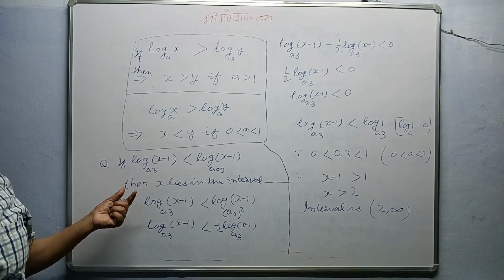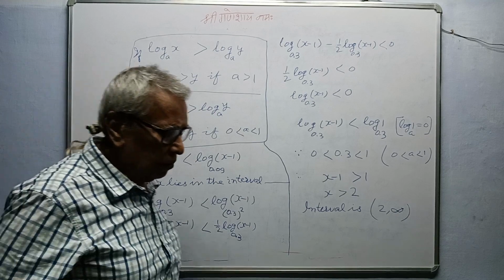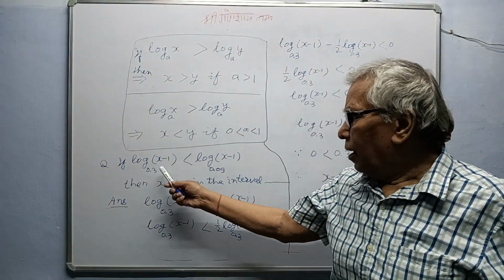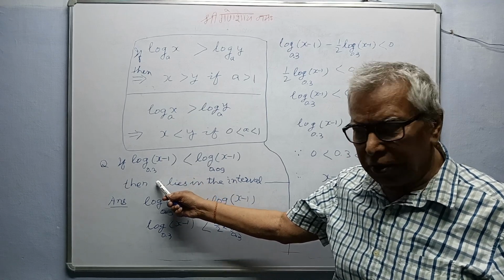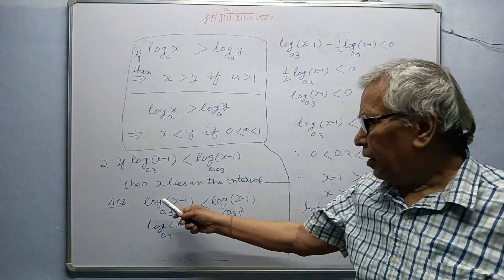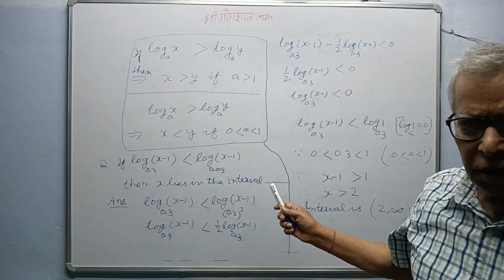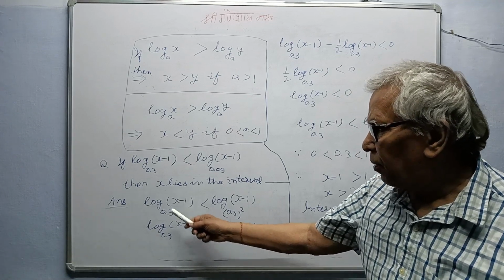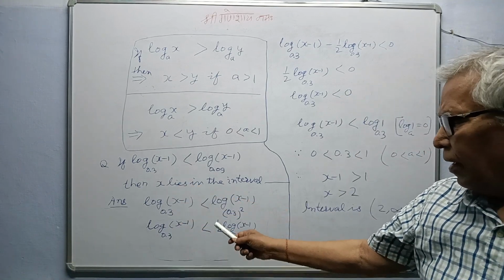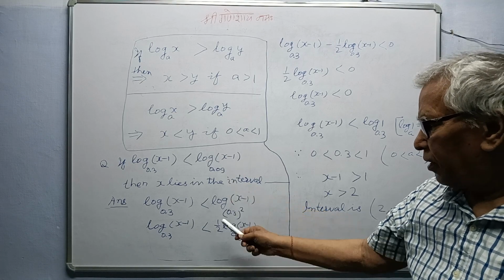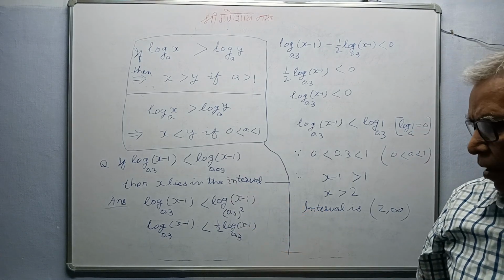Question: if log x minus 1 to the base 0.3 is less than log x minus 1 to the base 0.09, then x lies in the interval. So log x minus 1 to the base 0.3 is less than log x minus 1 to the base 0.09. 0.09 is 0.3 whole square.